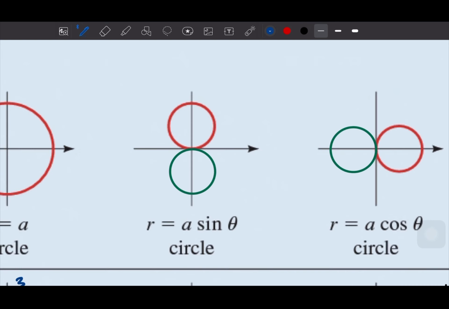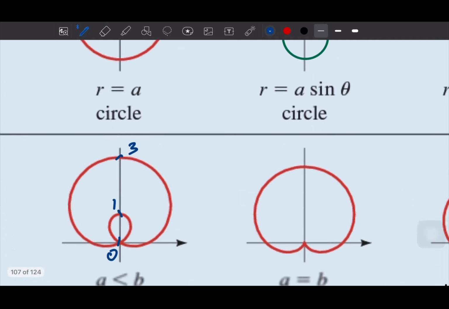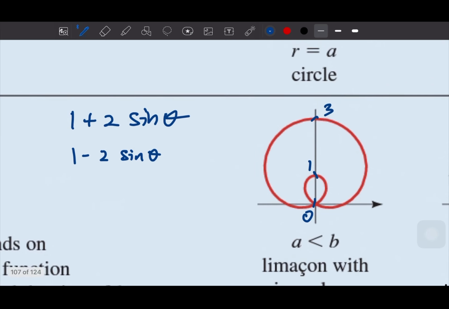When you have cosine, the more portion on the right means it's positive, the more portion on the left means negative. So when we have 1 minus 2 sine theta, it is going to be something like that.